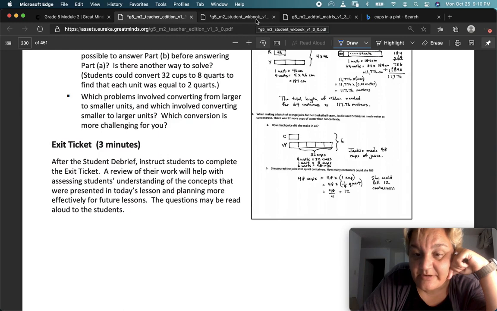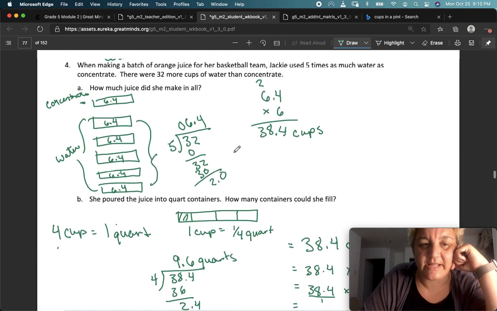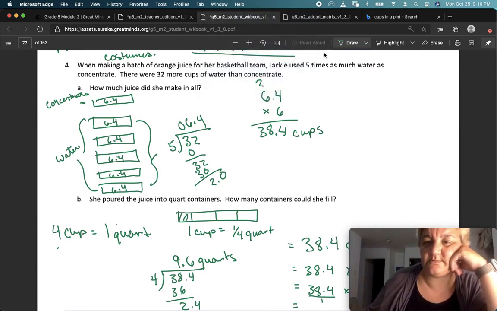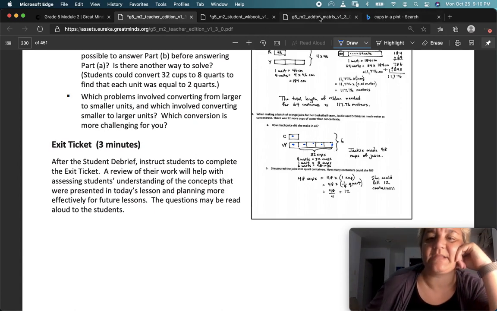I didn't make a mistake in part B, but I made a mistake in part A. So let's go back to part A. Okay. So, 32 more. Cups of water. 32 more. I get it. I see what I did wrong.